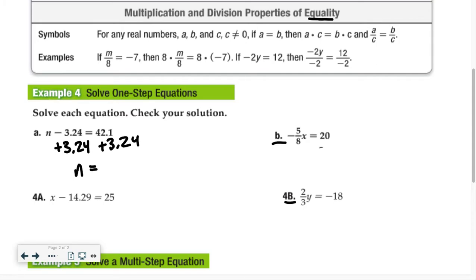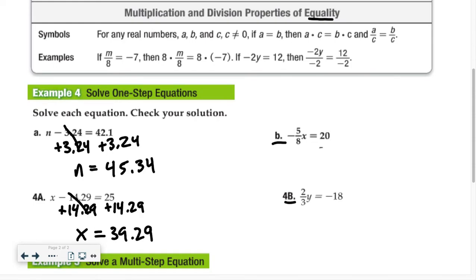And you're getting n equals 45.34. Okay. So 4a, guys, similar. You're subtracting 14.29, so you add 14.29 to both sides. They cancel out. Got x equals 39.29.